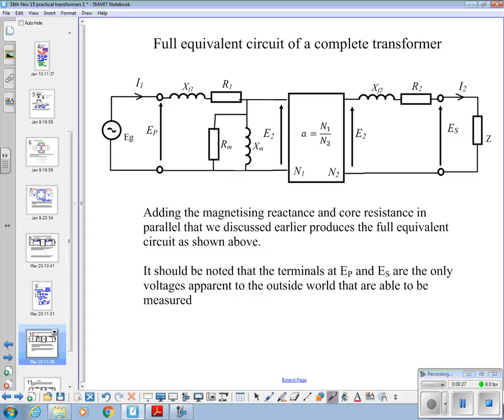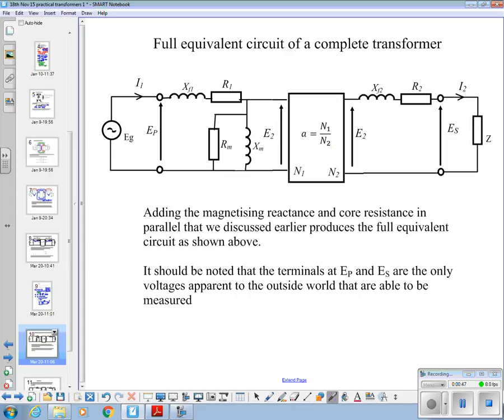Overall, it represents the exciting current that would flow regardless of load. And then in each side, we've got a reactance and a resistance. The reactance representing the leakage flux in that side, and the resistance representing the resistance of the windings.